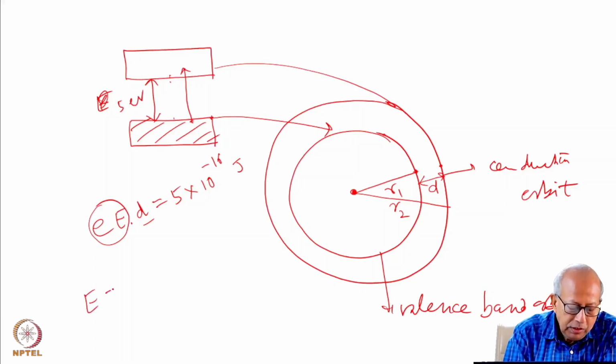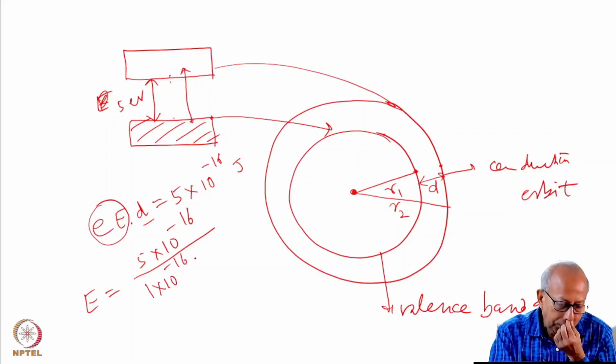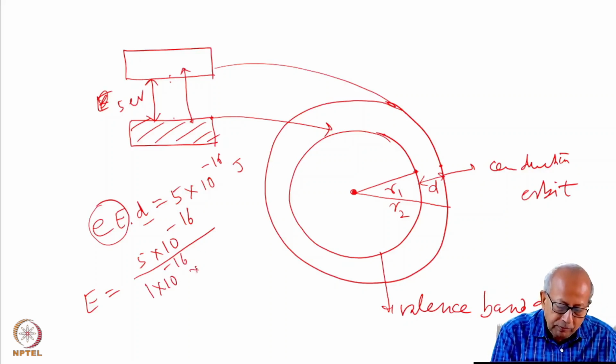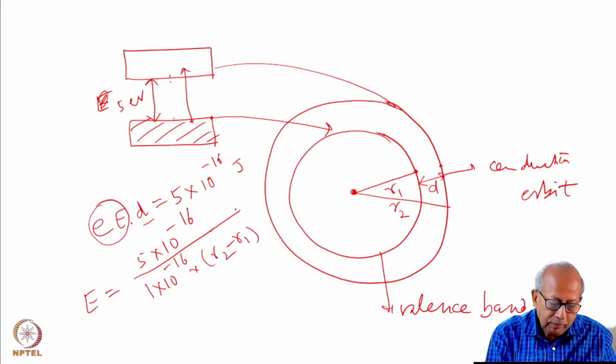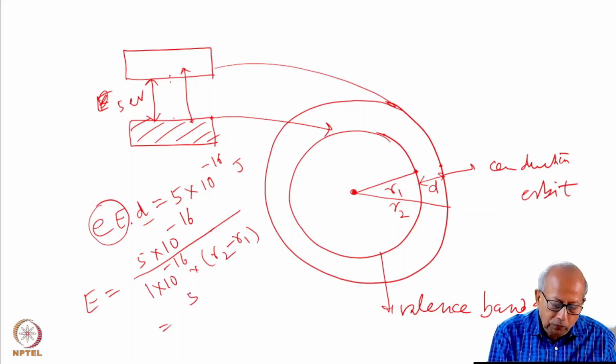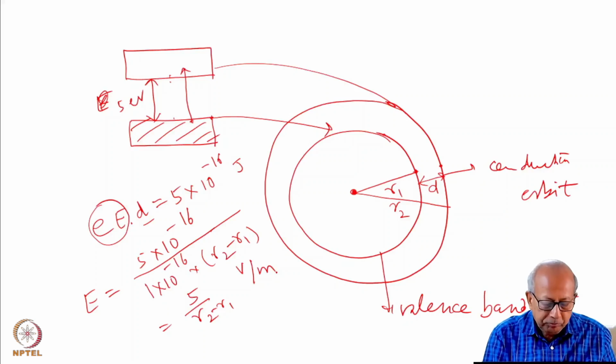So what will be the electric field? Electric field E will be equal to 5 into 10 to the power minus 16 divided by e times d. e is 1 into 10 to the power minus 16 coulomb, and d is basically r2 minus r1. So this is equal to 5 by (r2 minus r1) volt per meter.